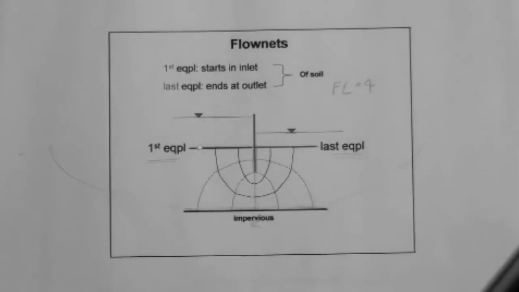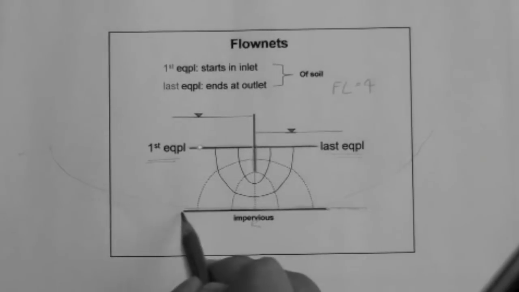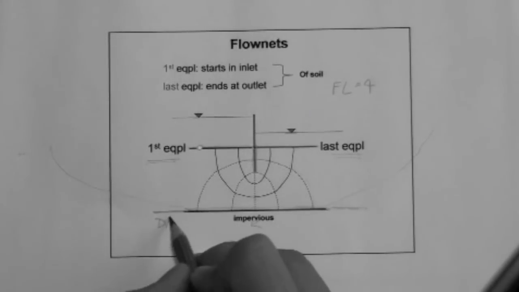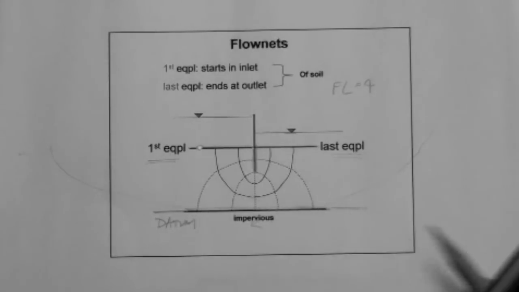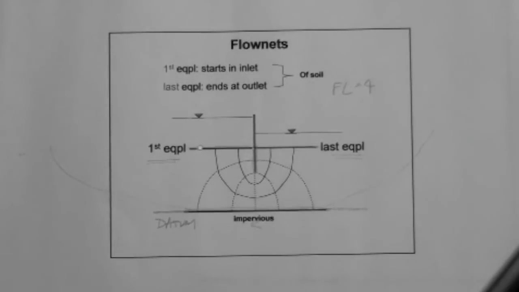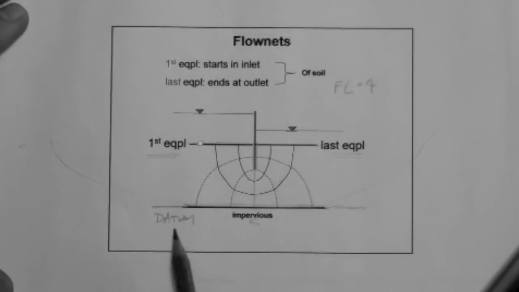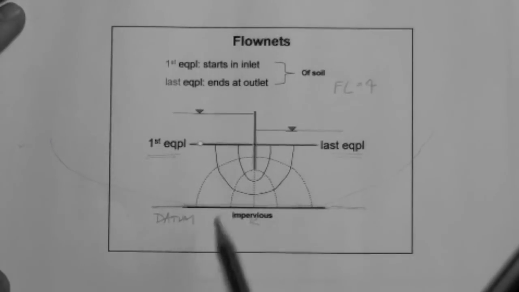To be able to determine the total head at a point, I need the datum, right? And we always use the impervious boundary as the datum. You really don't have to use that as a datum, but that is what we often do. It is the boundary between the impervious material, the rock, and the soil.